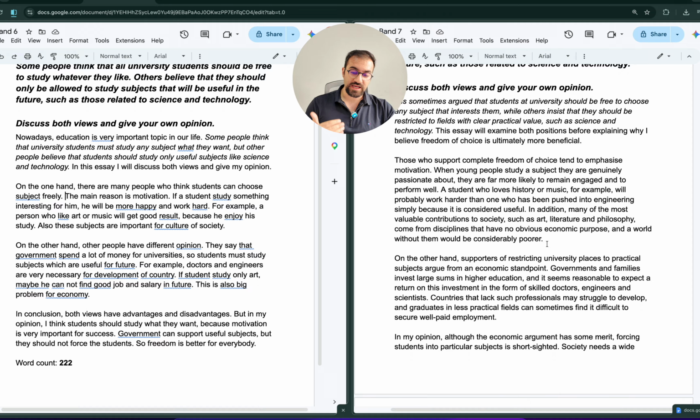And remember, in IELTS Task 2 essays, it is better to have an objective tone, such as "a student who loves history or music, for example, will probably work harder," like "will probably." This is an objective opinion rather than subjective. We don't say "will definitely work harder," we say "will probably work harder." So it is what we assume, it's our assumption. And this always gives a better tone to your writing.